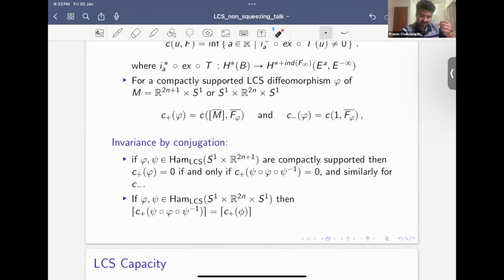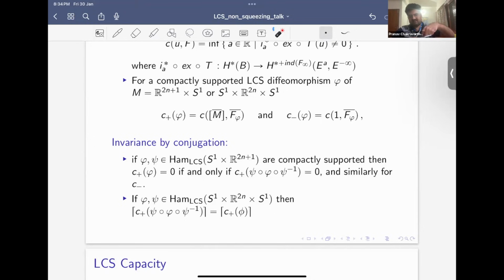And so that would translate to the fact that C plus of phi is 0 if and only if C plus of the conjugation is also 0, and similarly for C minus. However, when my base manifold is S^1 times R^{2n} times S^1, we can say a little bit more, because the last factor is an S^1. So your fixed points need not have length 0.